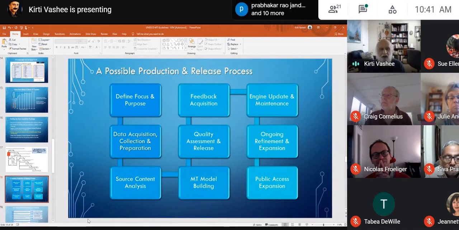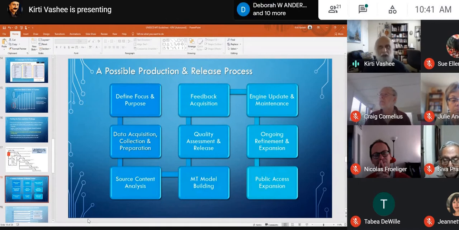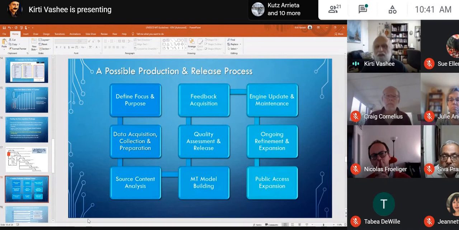So, once you've defined the purpose of the system and you have a data acquisition plan, you look at the source data, the kind of data that you want the system to be able to translate on an ongoing basis. Because, for example, with COVID and the child healthcare related stuff, the content is always evolving. There's always new content coming.